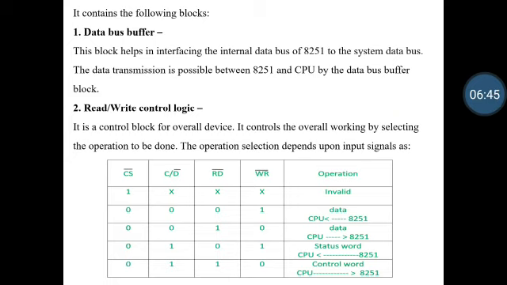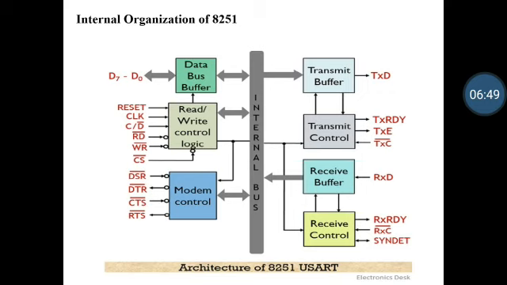That data transmission is done by using the data bus. The data bus of 8251 is an 8-bit data bus, and this 8-bit data bus is used to read or write the status, command or data from or to the 8251.